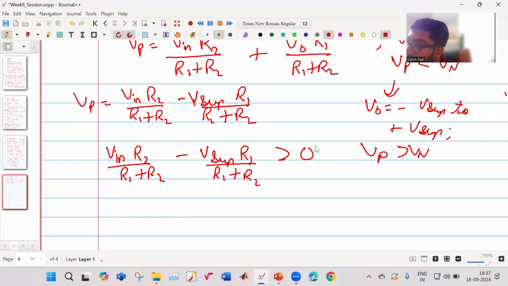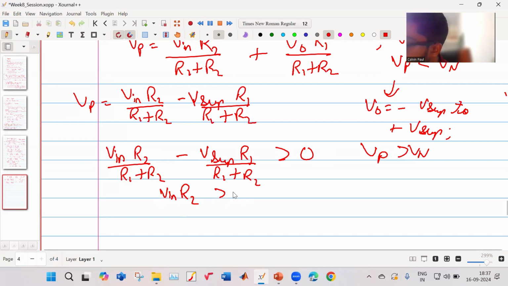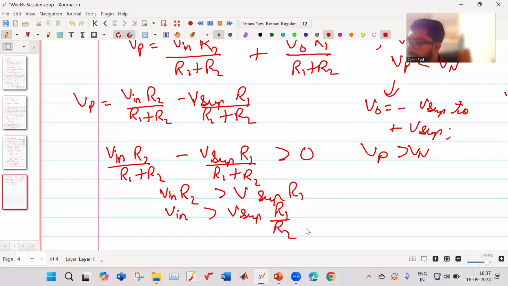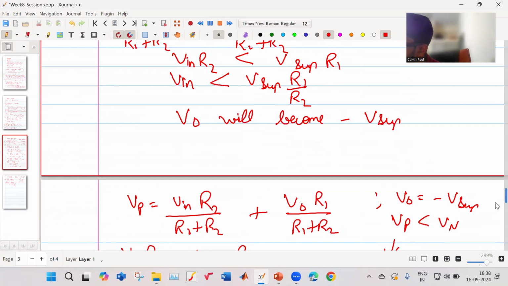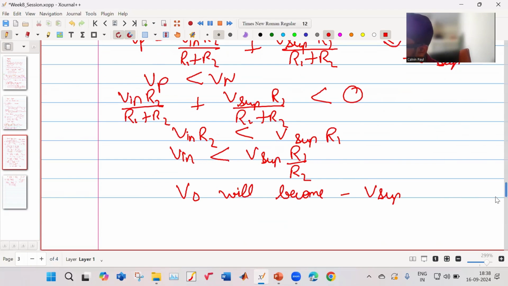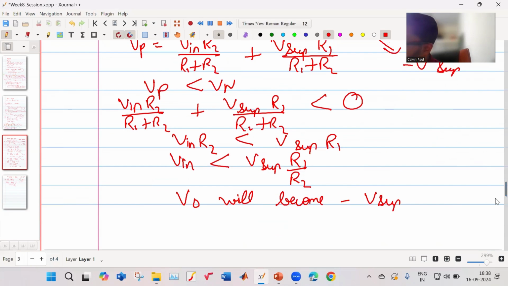So that means Vn into R2 should be greater than V supply into R1, or Vn must be greater than V supply into R1 by R2. Have I made any mistake? Because I got the same condition for both. Should not be the case. Okay, I made a mistake.